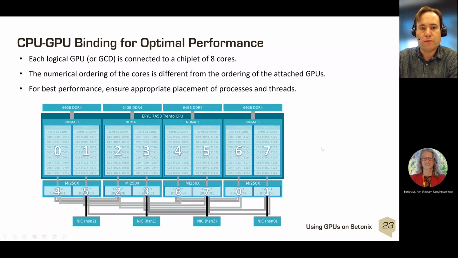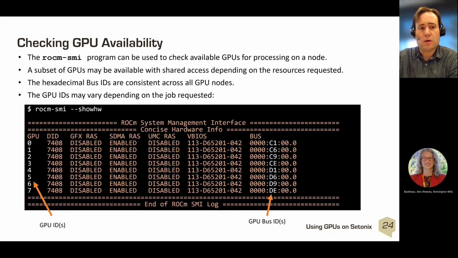So there's a number of different controls that you have for working with this. And the first one is checking the GPU availability. Those Slurm directives will restrict the available GPUs to processes that are running on the system.